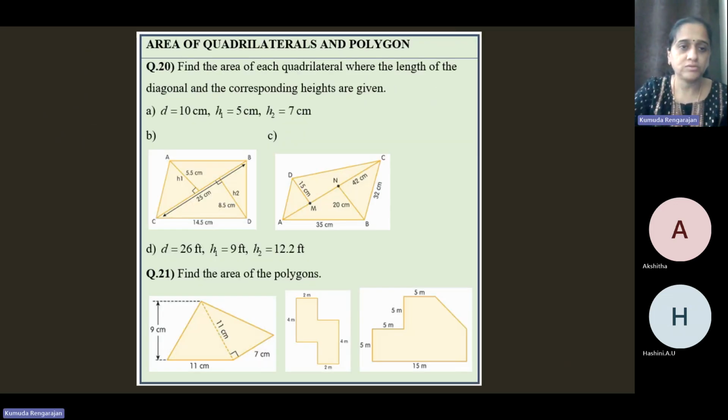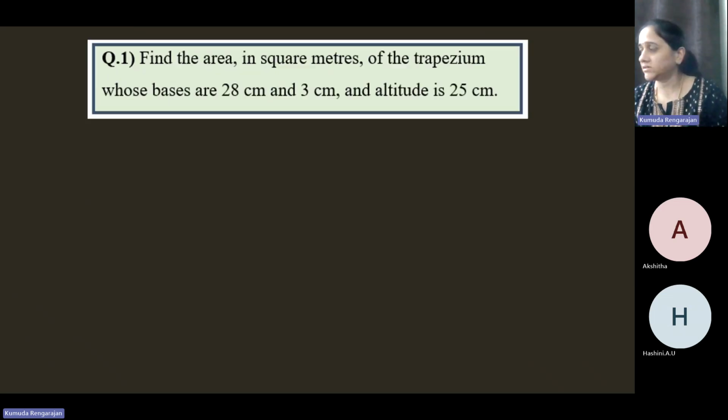I think there are many questions. I don't think we can work everything. So we'll just select, okay? We'll work selectively. We'll discuss whatever is easy. We'll work wherever needed. So don't write the question. Find the area in square meters, that is in meter square, of the trapezium whose bases are given to you. What's the formula to find the area for a trapezium?